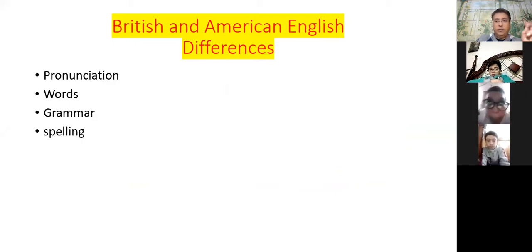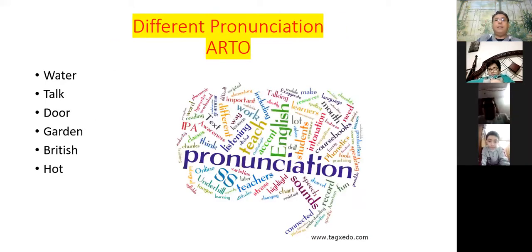In lecture two, we talked about different words. And in lecture three, we'll talk about spelling first before grammar. So we will finish with grammar differences in the last session next week. But this week, we will talk about different spelling.